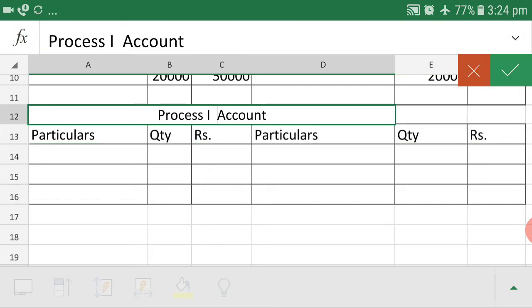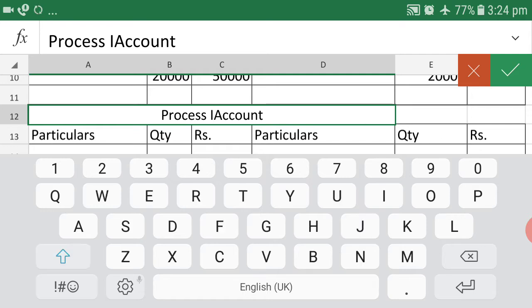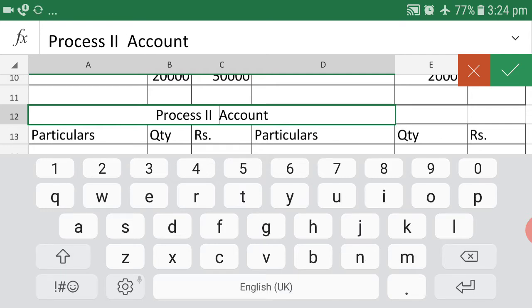Now let's move to the solution, process 2 account. Same format we have to follow here. Let's start with the opening of process 2 account.